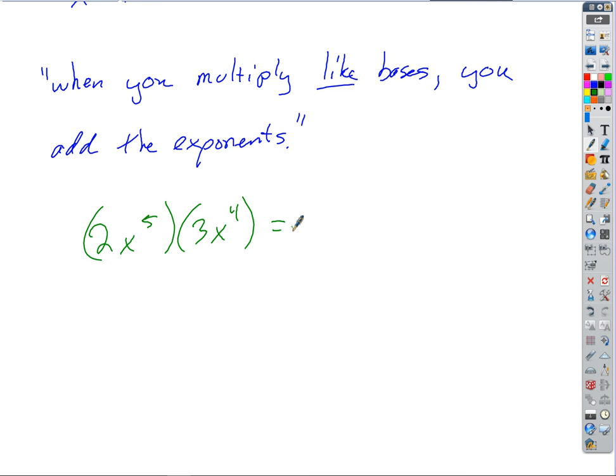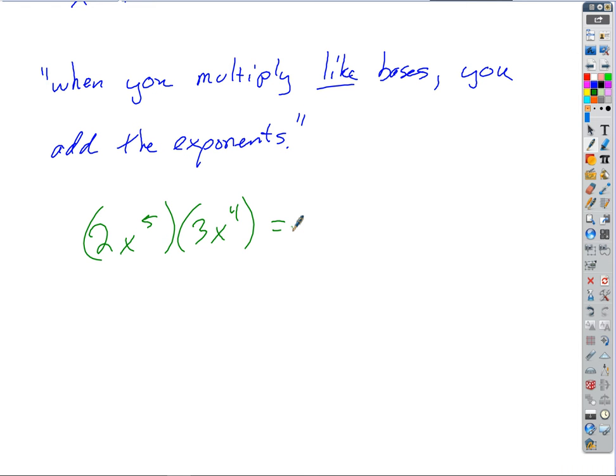I know what you're getting at, but like terms, remember what terms are. Terms are things that are being added or subtracted, right? If we had 3x plus 4x, that's 7x, we have like terms there. In this case, nothing's being added, so we don't have any terms. We just have factors. Factors are things that are being multiplied.